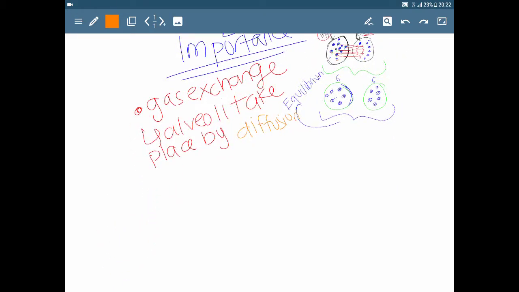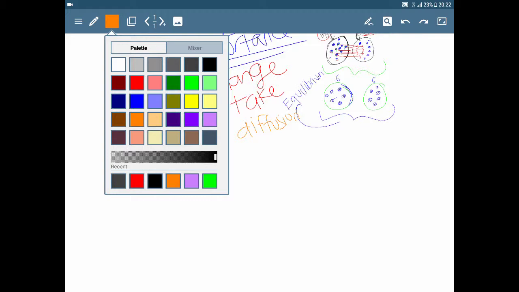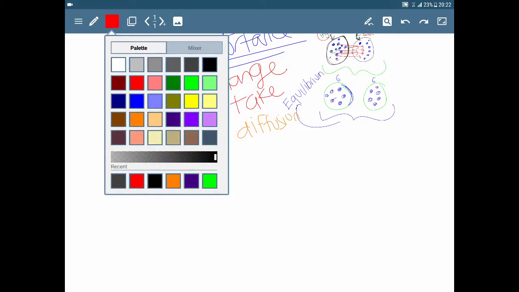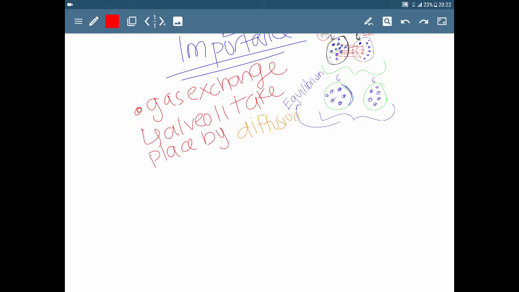And the second factor that's really important is that it gives plants a proper shape.